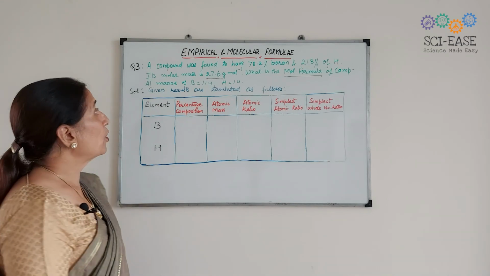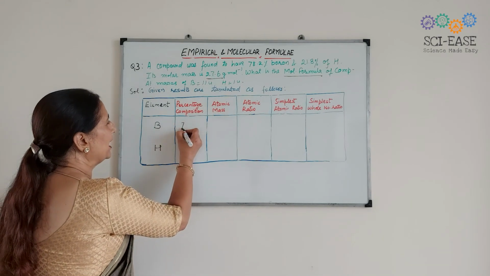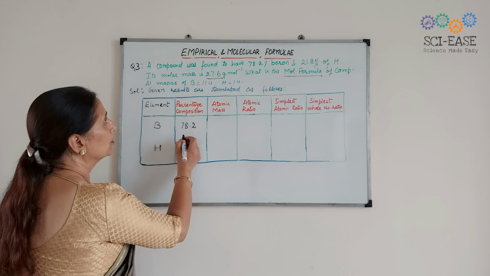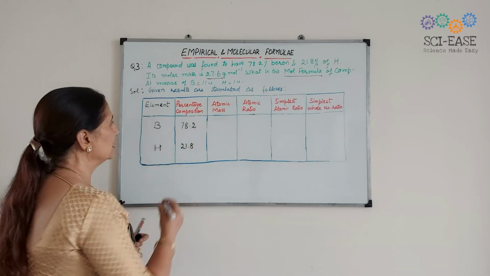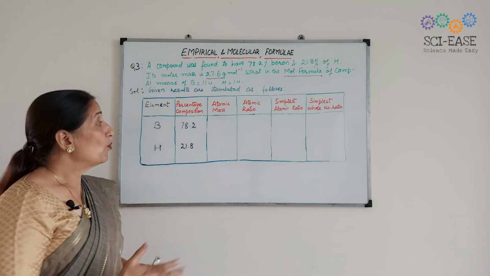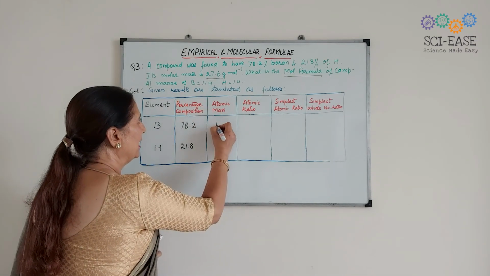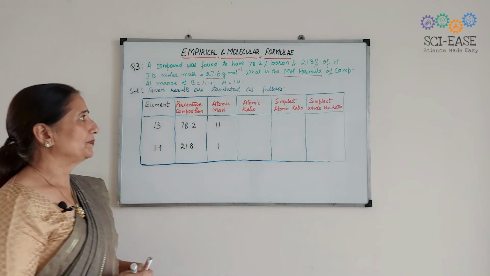Percentage composition of these elements, that is 78.2% boron and 21.8% hydrogen. What are the atomic masses? It's given 11, otherwise you should know, and 1.